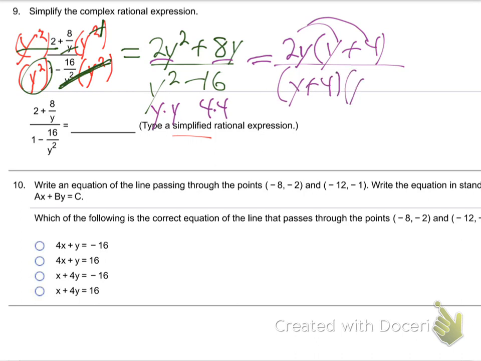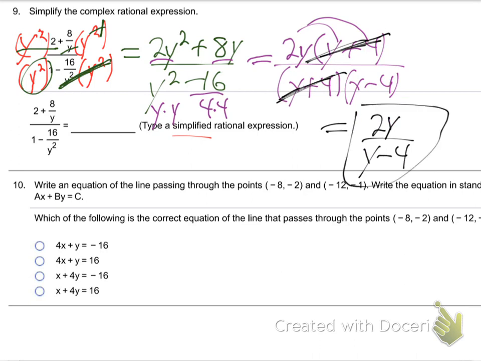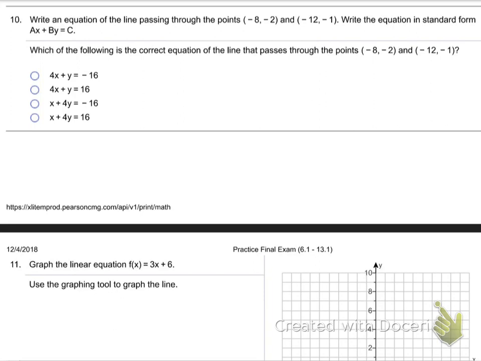So y plus 4, y minus 4, because plus 4 times minus 4 is minus 16. Okay, can we simplify that at all? Yeah, y plus 4 cancels y plus 4, so we're left with 2y over y minus 4. There we go.